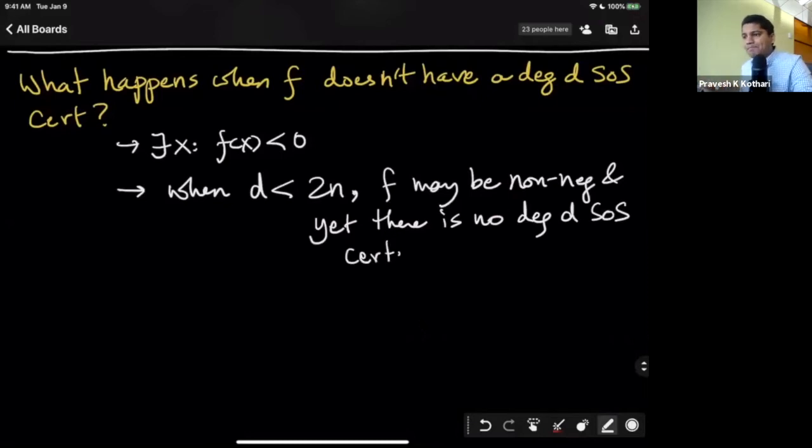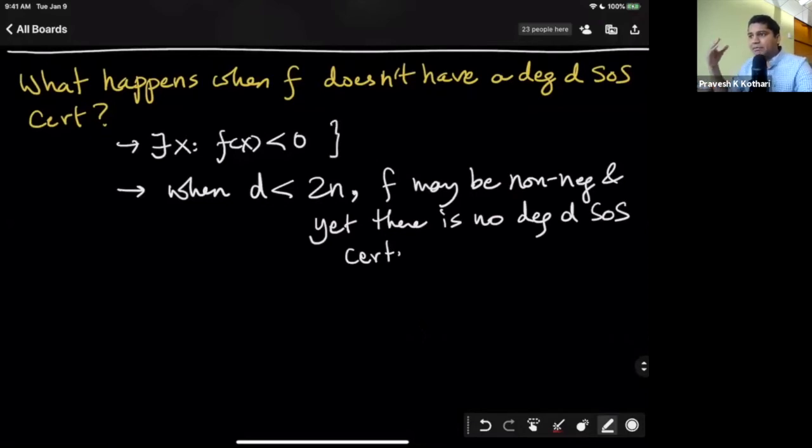Okay. So now we want to analyze what we can say. What we're going to do is develop some duality theory of some objects that exist when f does not have a certificate of non-negativity. In some sense, our hope is to find an x where f is negative.